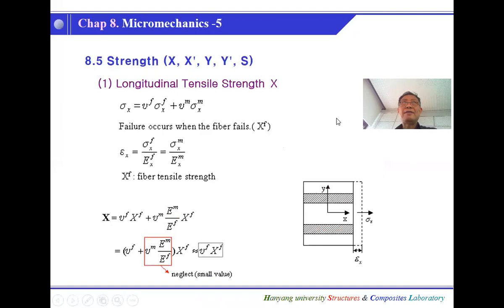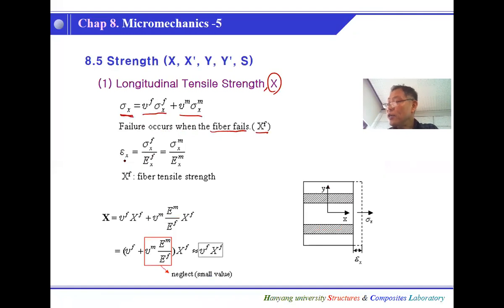Okay, 10 minutes more to go. Longitudinal tensile strength, indicated as X. What is X? Well, the stress will consist of fiber and resin, and then let's say a fiber fails.